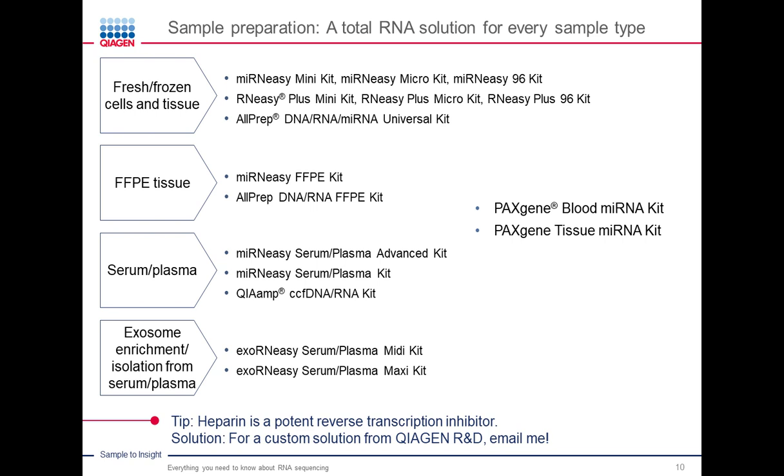Now, a point that's constantly brought up over the years is about heparin. So heparin comes into play with your plasma samples. And sadly, heparin is a very potent reverse transcription inhibitor. And for a long time, because of this, you have the inability to use heparinized samples.